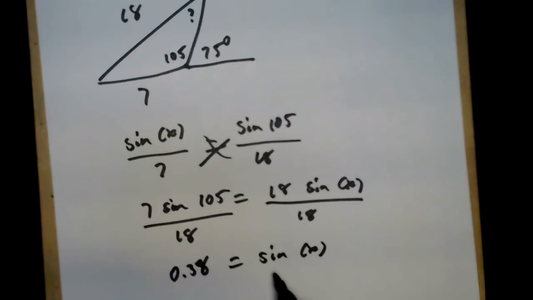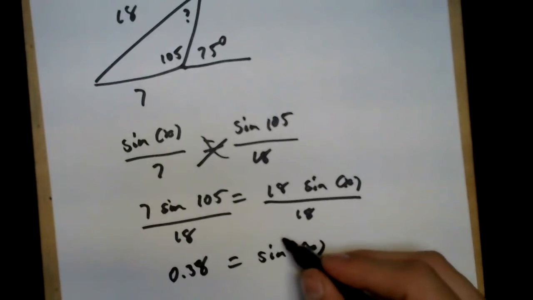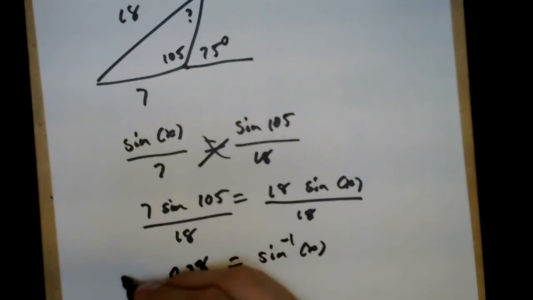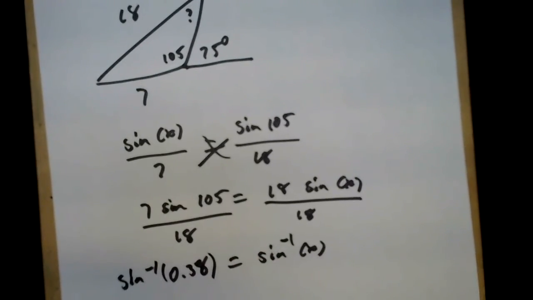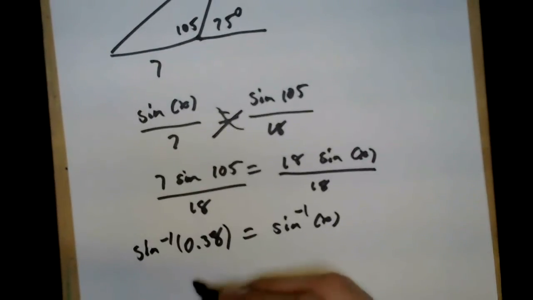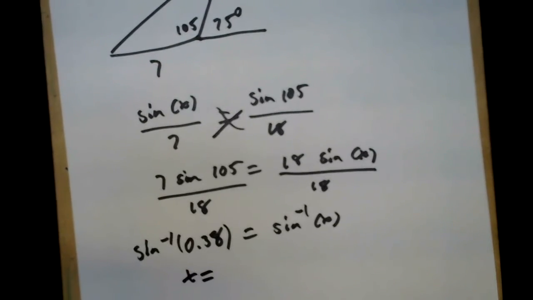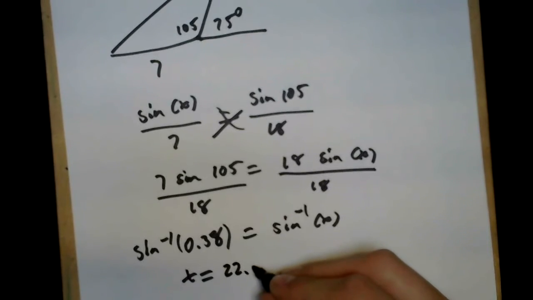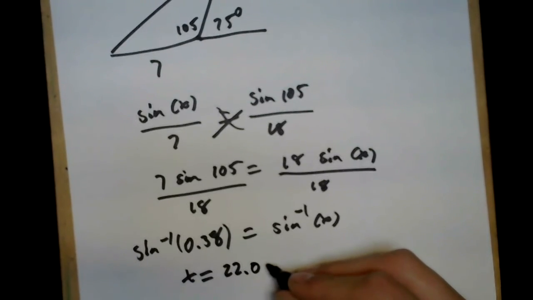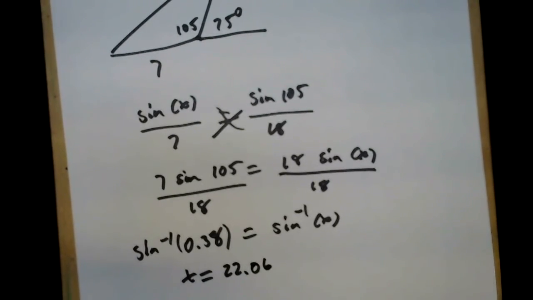How do you get x out of sine? You take the inverse of it. So it'd be inverse sine of your answer. You plug that into your calculator, you get x equals inverse sine equals 22.06, somewhere around there, plus or minus a few.